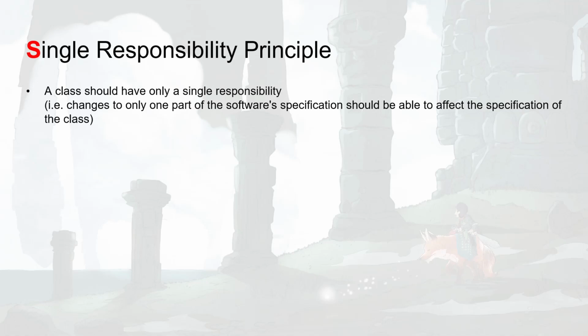Let's try to understand this in the context of game development. Just like any other software, a game is also software, so it has classes and components, pretty much the same as any other kind of program. Here it says a class should have only a single responsibility.